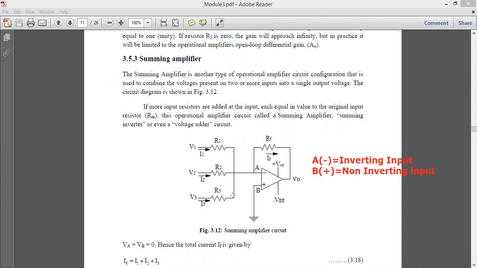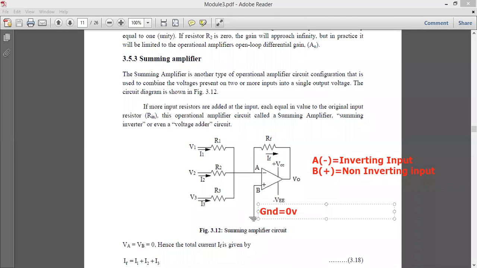All the three voltages and three resistances are in parallel with each other, and these voltages are applied to one common point called point A, or simply the minus sign. The minus sign represents the inverting input terminal, and B, the non-inverting input, is connected to the ground terminal, which is equal to 0 volt.